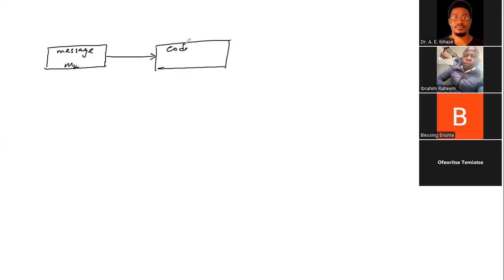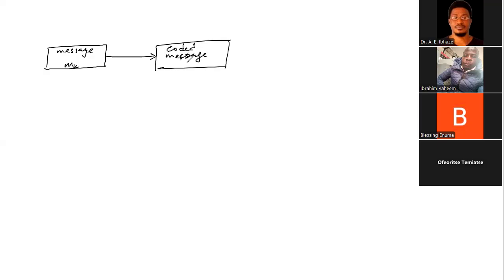So now if we consider a simple communication model, let's change this color. We just want to consider a simple communication model. Let's assume we have this block having the message we want to transmit, say M sub K, and this goes into another block where we have the coded message.